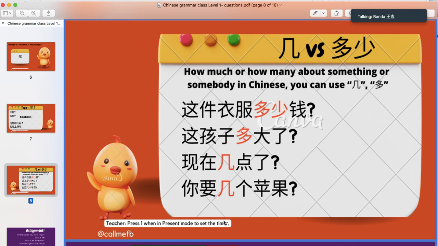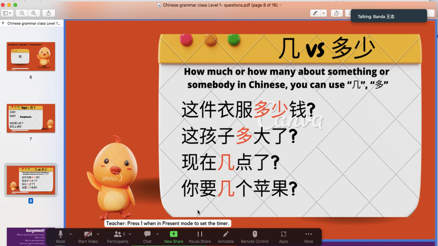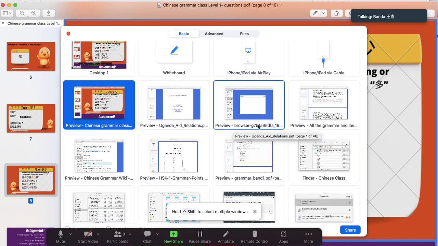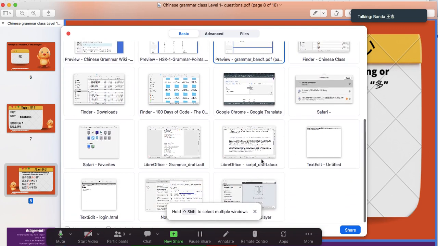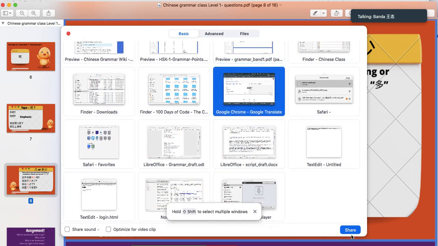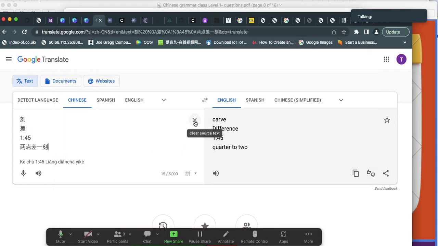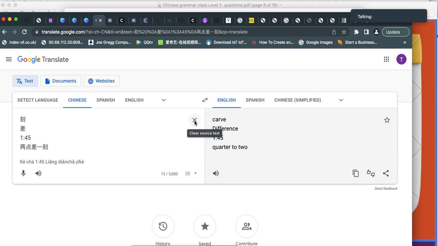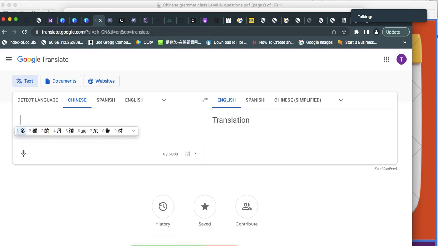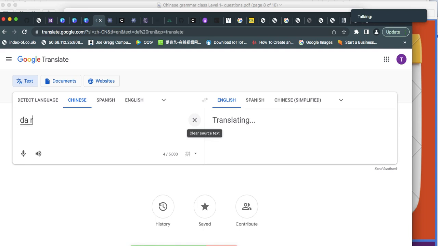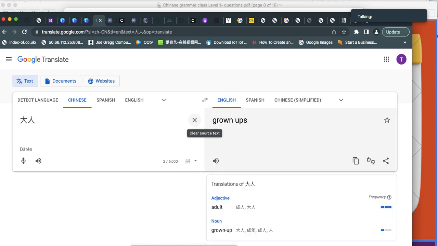Yeah, because in Chinese, 大 is not only limited to big, right? For example, if we say... okay, you see, I like this one here.